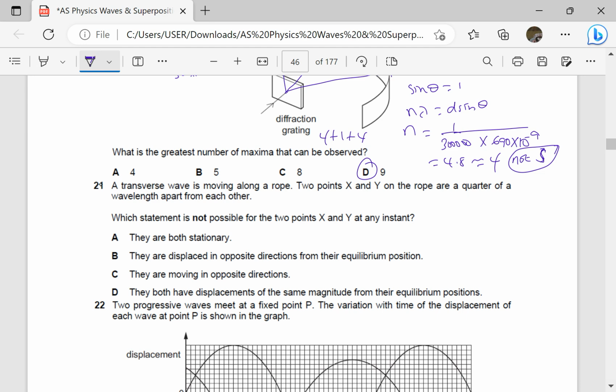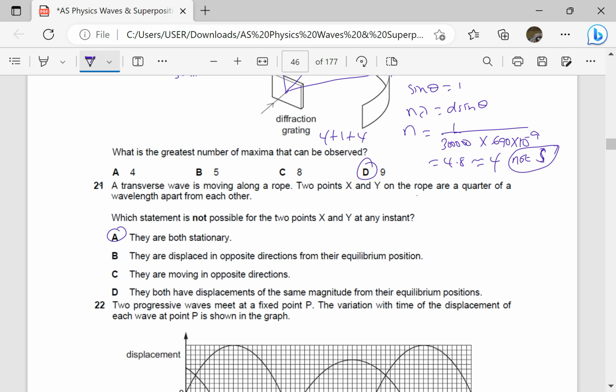Okay, so they are both stationary. That is not possible, because it is a transverse wave moving along a rope. If they are a quarter of a wavelength apart, then they cannot be stationary.